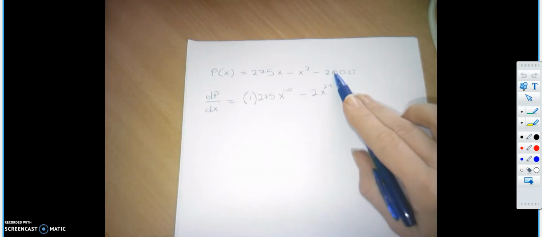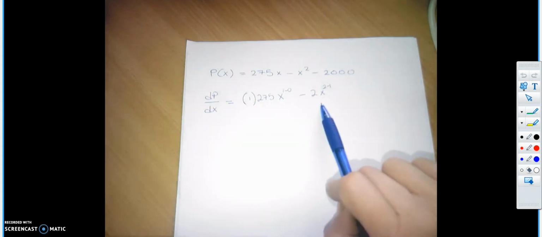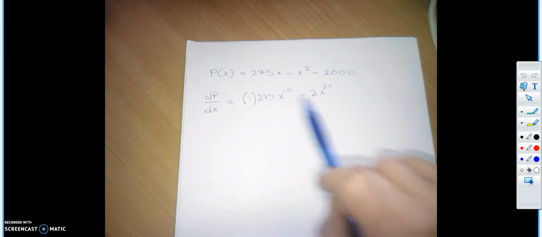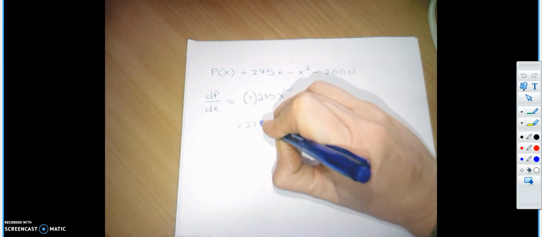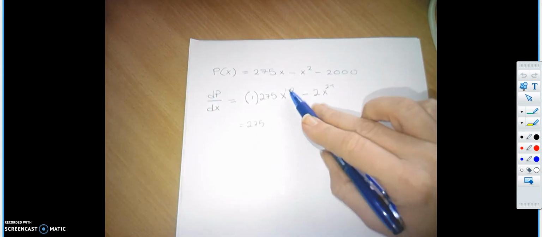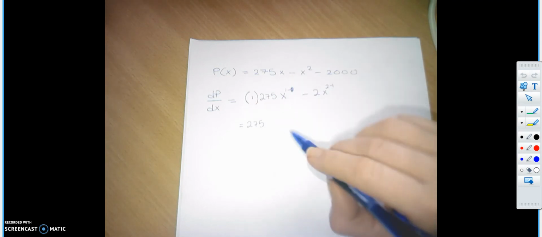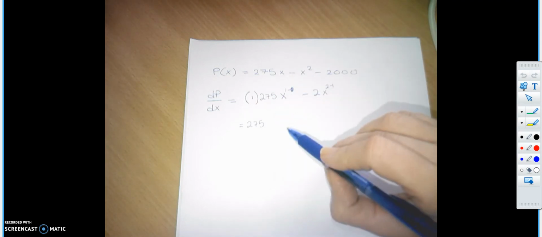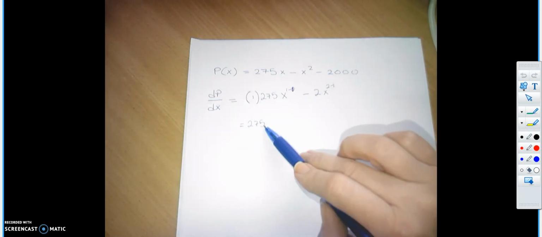Alright. Third part, I've got 2000. When I have 2000, I have no x's, so I write nothing down for it. The only things when you differentiate are the bits with the x's. So tidying this up, because at the moment it looked rather scary and messy, 1 times 275 is 275. X to the power of 1, take away 1, is x to the power of 0. Anything to the power of 0 is 1. So this will just become 275.